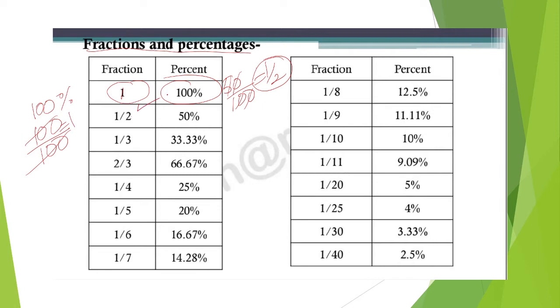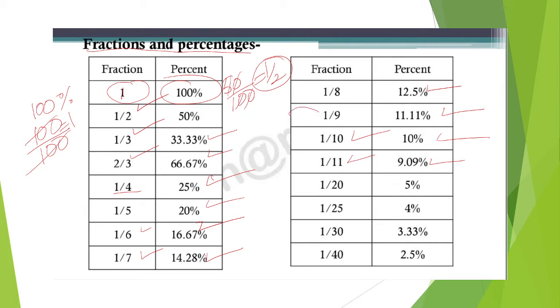That is, 1 by 2 is 50 percent, 1 by 3 is 33.3 percent, 2 by 3 is 66.67 percent, 1 by 4 means 25 percent, 1 by 5 is 20 percent, 1 by 6 is 16.67 percent, 1 by 7 means 14.28 percent, 1 by 8 means 12.5 percent, 1 by 9 means 11.11 percent, 1 by 10 means 10 percent, 1 by 11 is 9.09 percent.